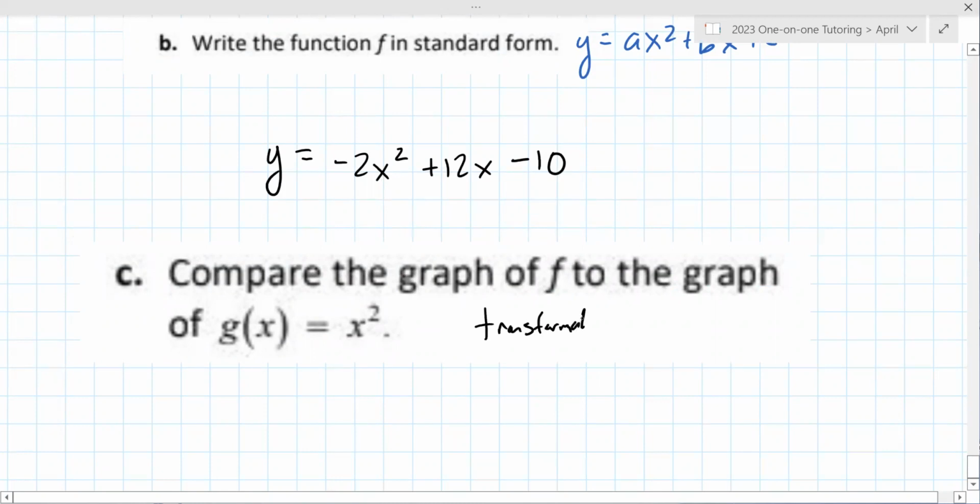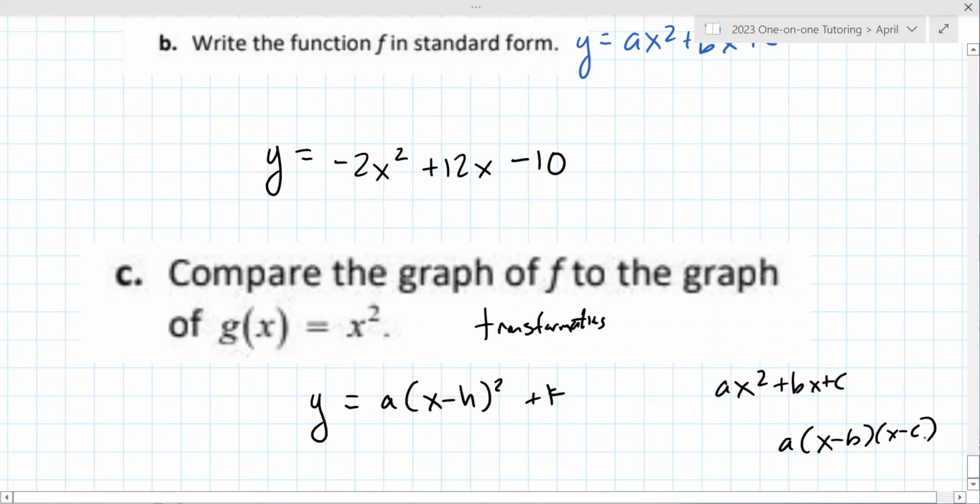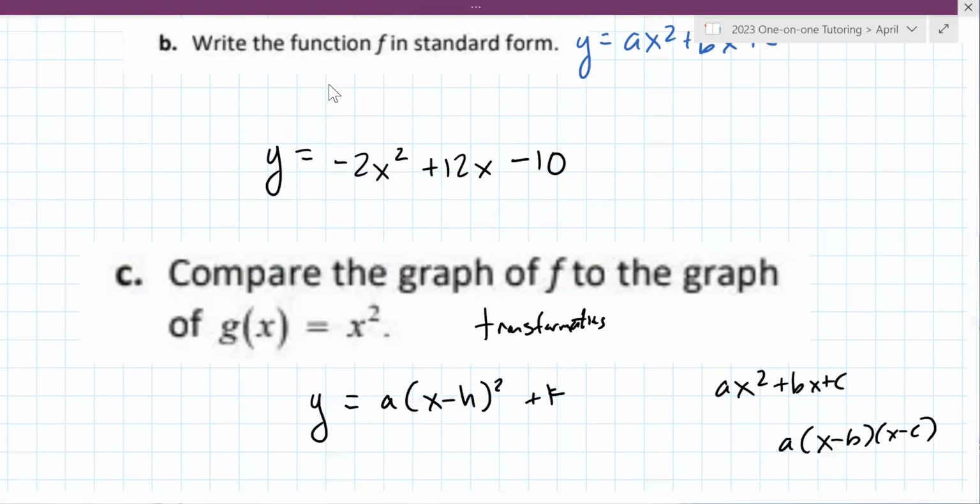Now just to save some time here, when you have a graph in the form a(x minus h) squared plus k, and you have ax squared plus bx plus c, and if you have a(x minus b)(x minus c), guess what's the same in all of them?